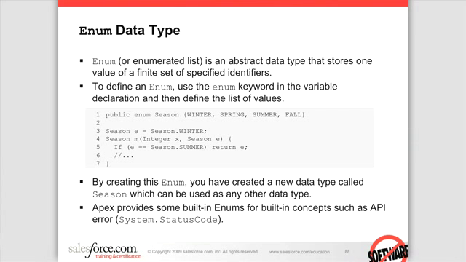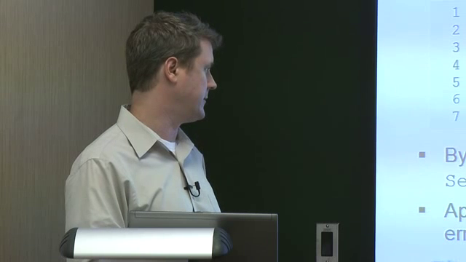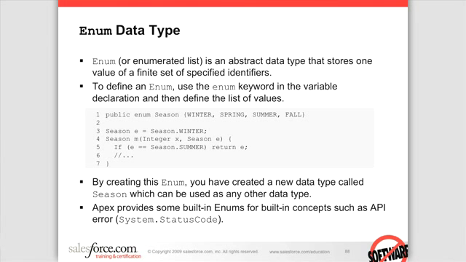There are also enumerated lists. They don't have the same level of customization as enumerated lists in some other languages. But we can create an enumerated list and then, using dot notation, refer to one of the available elements. A place where we use this is system status code. We also use this when we're debugging. There's a logging level, which is an enumerated type.